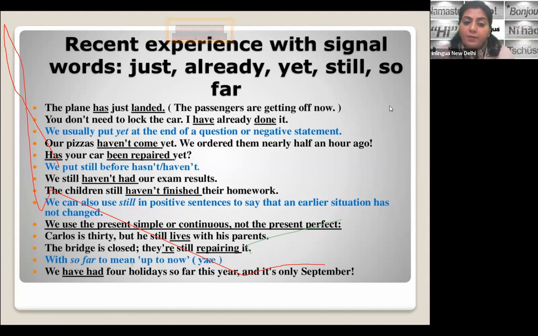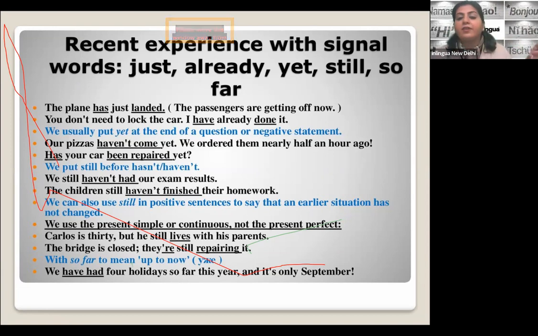Has your car been repaired yet? Or have you repaired your car yet? Yet means till this current moment. Have you done something? We put still before hasn't or haven't. Now the yet part is over. Let's go to the word still. We still haven't done or we still haven't received our exam results. Meaning till now. Still means till now.